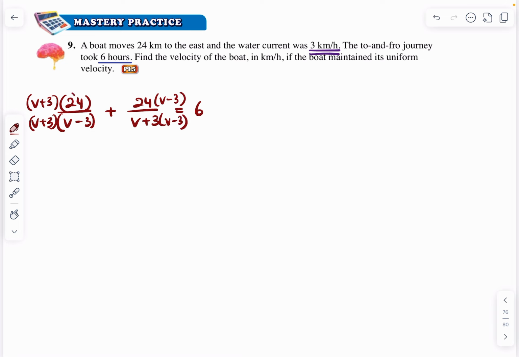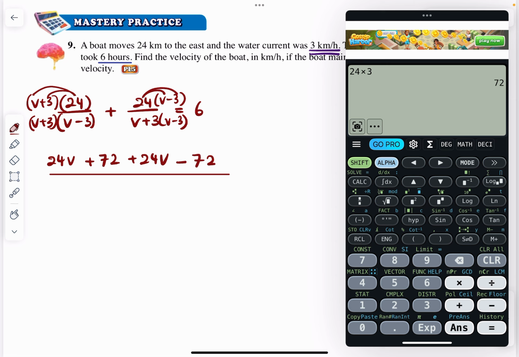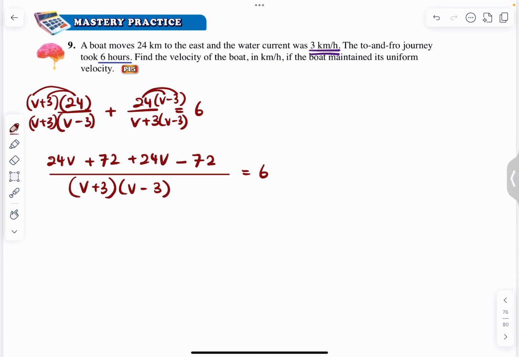Here we expand: 24v plus 24 times 3, and this side we expand plus 24v minus 72, divided by (v plus 3)(v minus 3), equals 6.